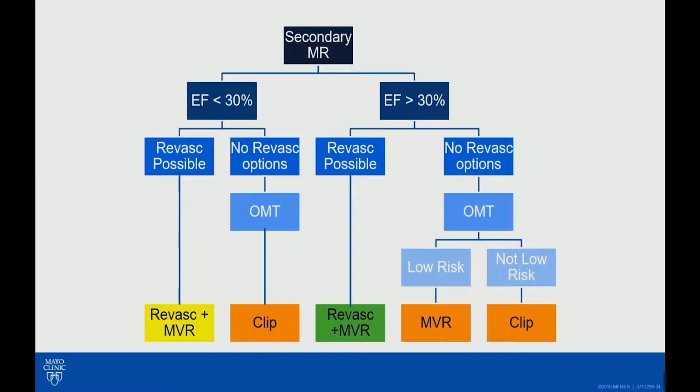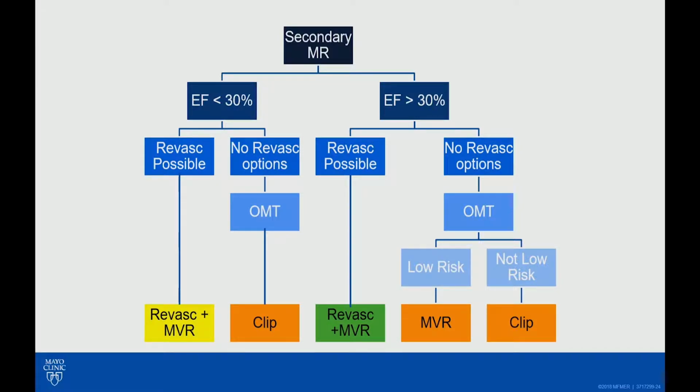If there are no revascularization options, optimal medical therapy, which might include things like CRT, to see if we can get that ventricle better. And if they still have severe MR and still have symptoms at that point, then you might consider a mitral valve repair or replacement in a low-risk surgical candidate or an edge-to-edge clip, the mitral clip, if they're a higher risk patient.